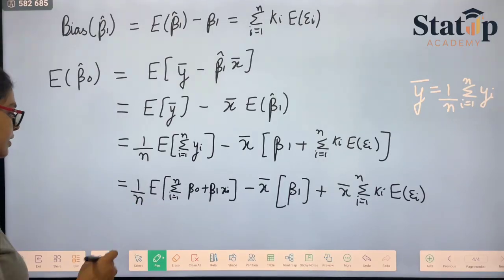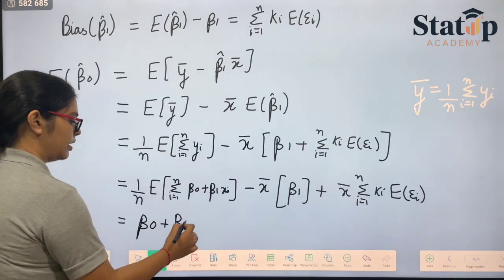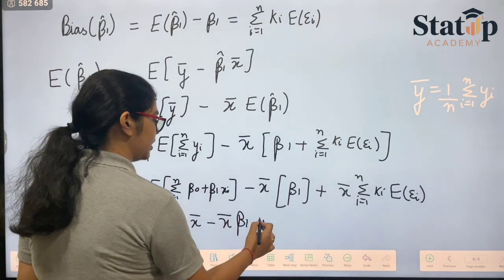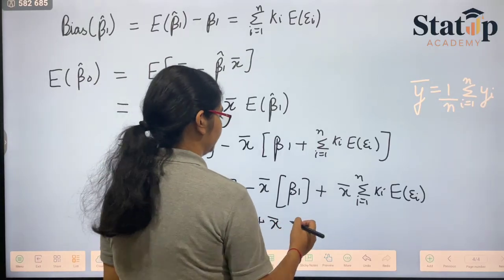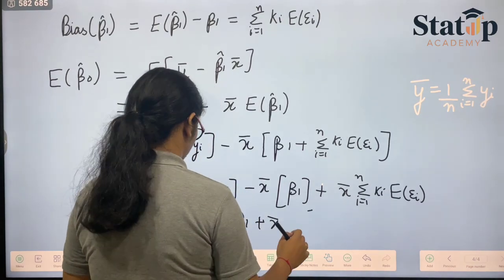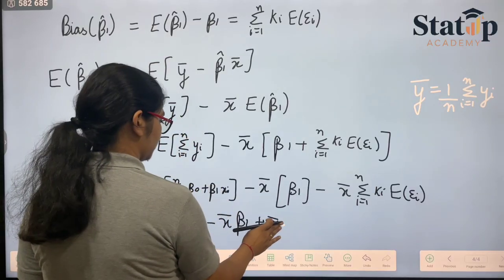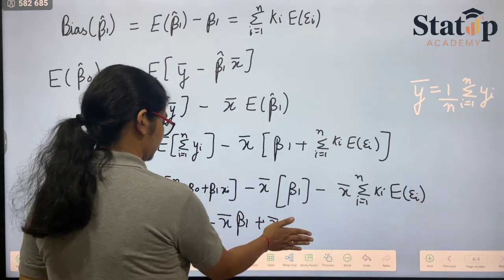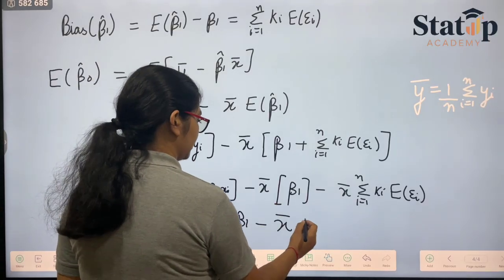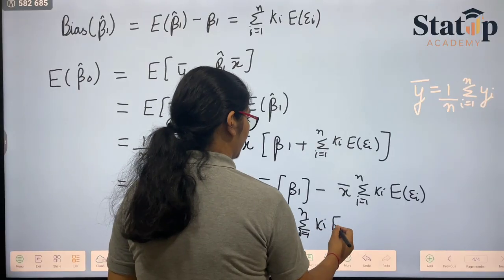So by multiplying with this we will get beta naught plus beta 1 x bar minus x bar beta 1 plus x bar, minus x bar summation i goes from 1 to n ki expectation of epsilon i.